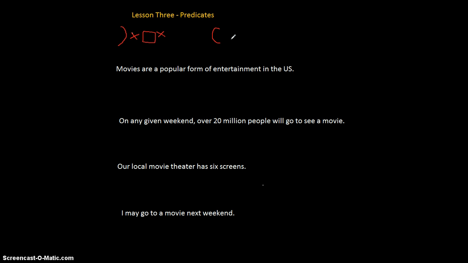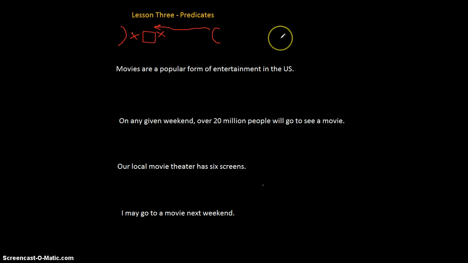Today I'd like to show you our last place in the sentence, and this is called the predicate place. I like to draw a line like this, and I put an arrow on the front of it, and that shows me that this part of the sentence talks about the subject.